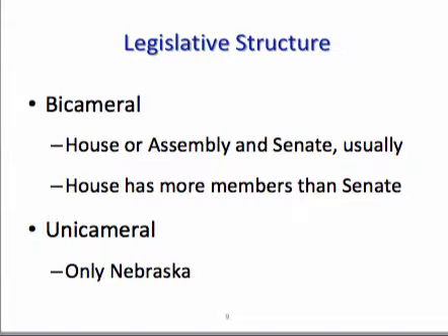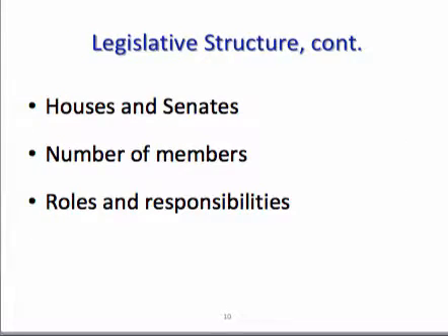A good trivia question, but it might very well appear on a quiz or an exam, is what state does not have a bicameral legislature, and that would be Nebraska. And Nebraska and Maine are also the two states that award their electoral votes in the Electoral College proportionally. So Nebraska is sort of its own special case.